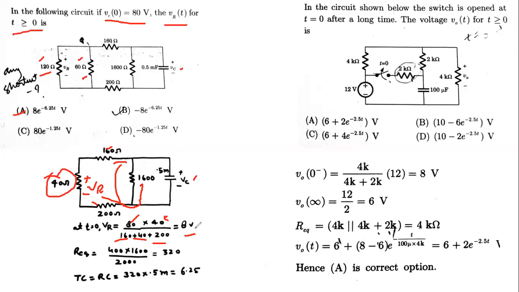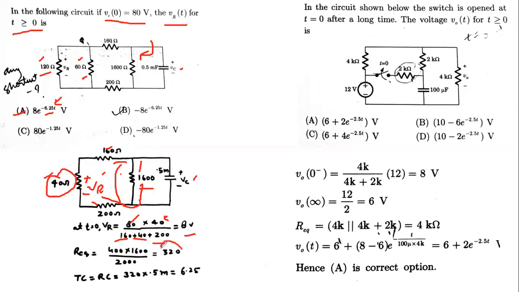But if we want to see the time constant, because sometimes in a question the options have the same magnitude and differ by the time constant. So the time constant is RC. If we find the equivalent resistance across the capacitor, this is 160 plus 40 plus 200, which is 400, and this 400 resistance is parallel with 600.